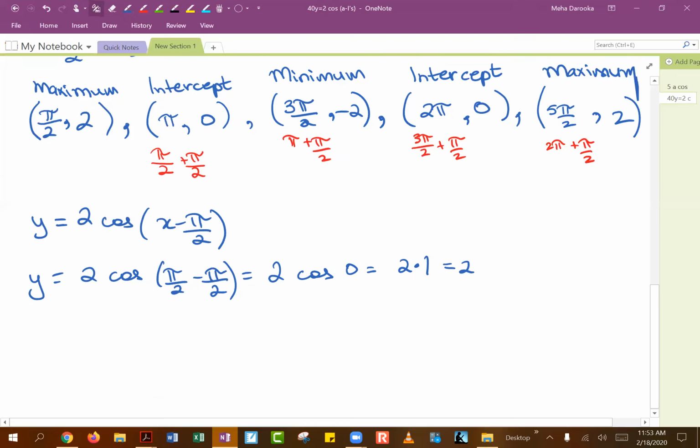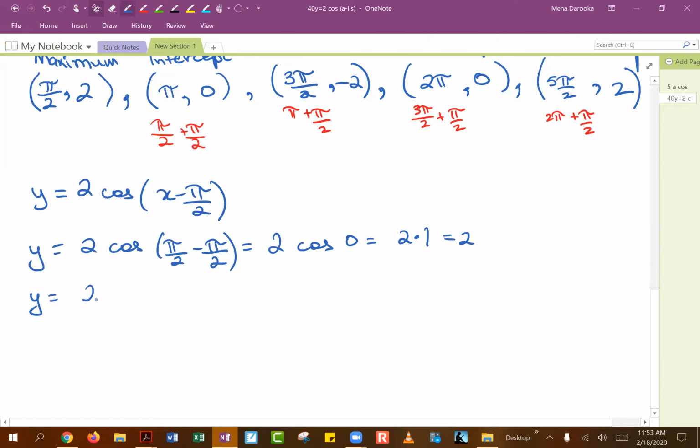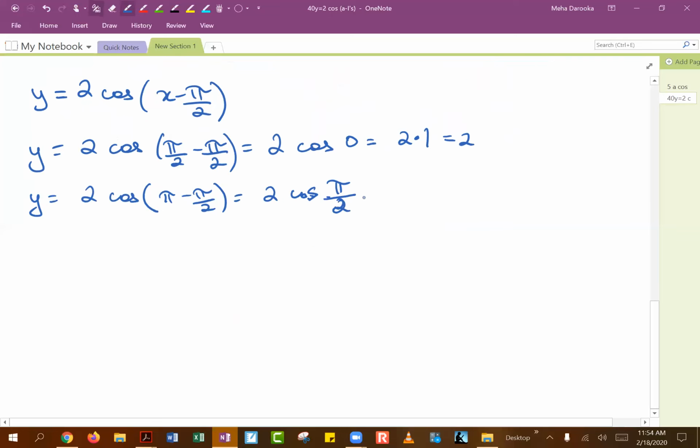So if we repeat that process with 2 times cosine of, this time our second ordered pair is pi. So you do pi minus pi halves, yeah, you're literally taking all of these x values and putting it for the x in your function. So what is pi minus pi halves? It will be pi halves. So remember again, pi halves is the 90-degree position on your unit circle.